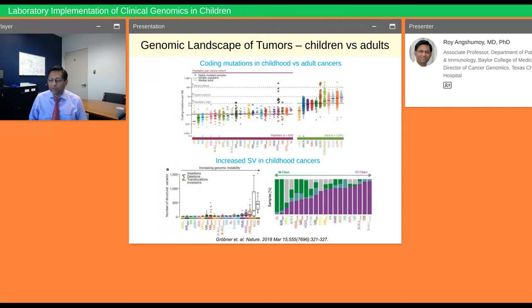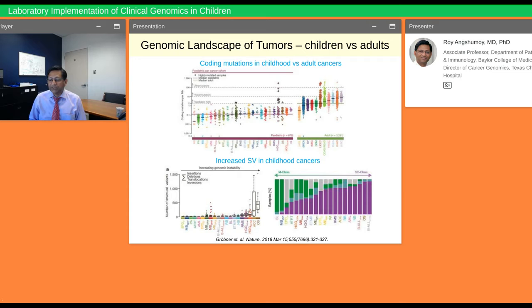And to the right of the lower panel, you can see a distribution plot of the different mutation classes in these tumors. In green are cancers that are driven by mutations. These are small nucleotide variations or indels, whereas the purple highlights the structural variation, or in this case, copy number or other structural variations, including translocations that drive different types of tumors.